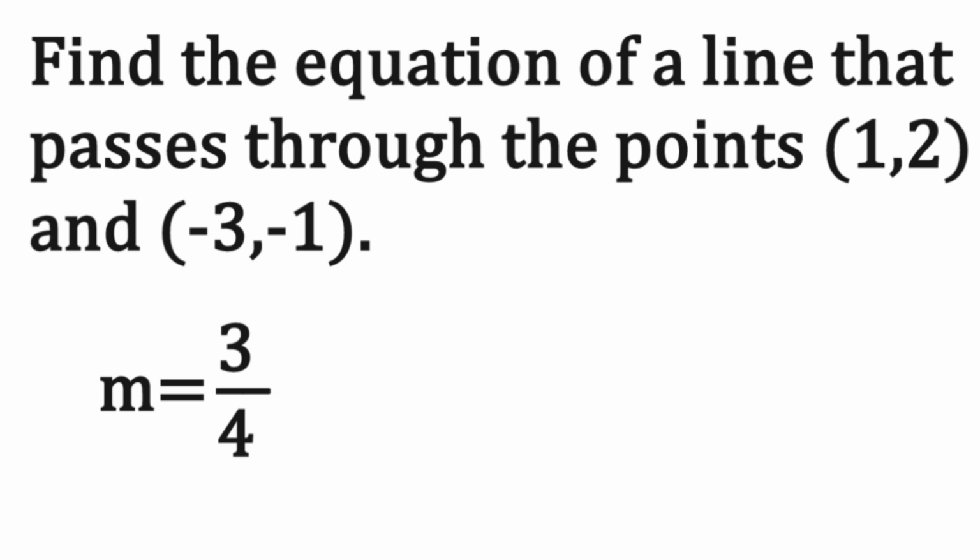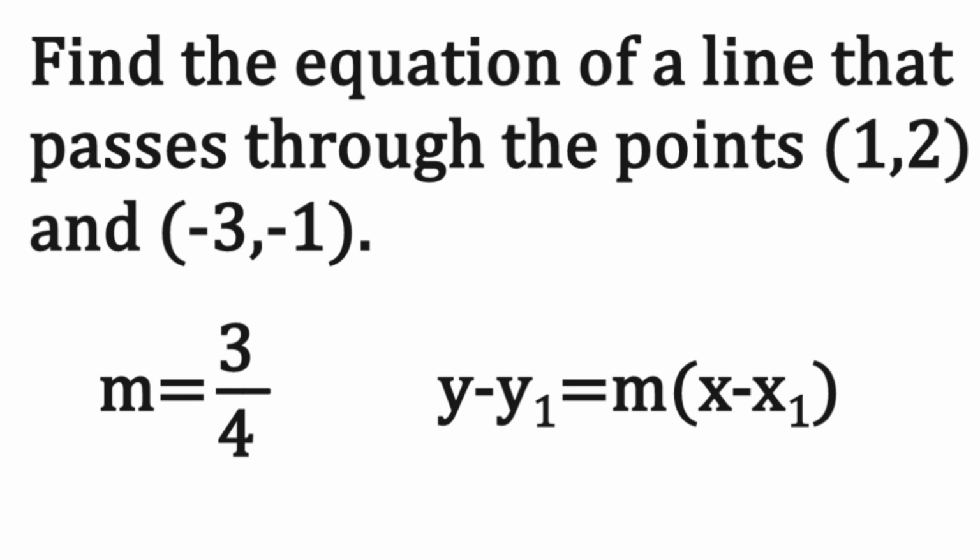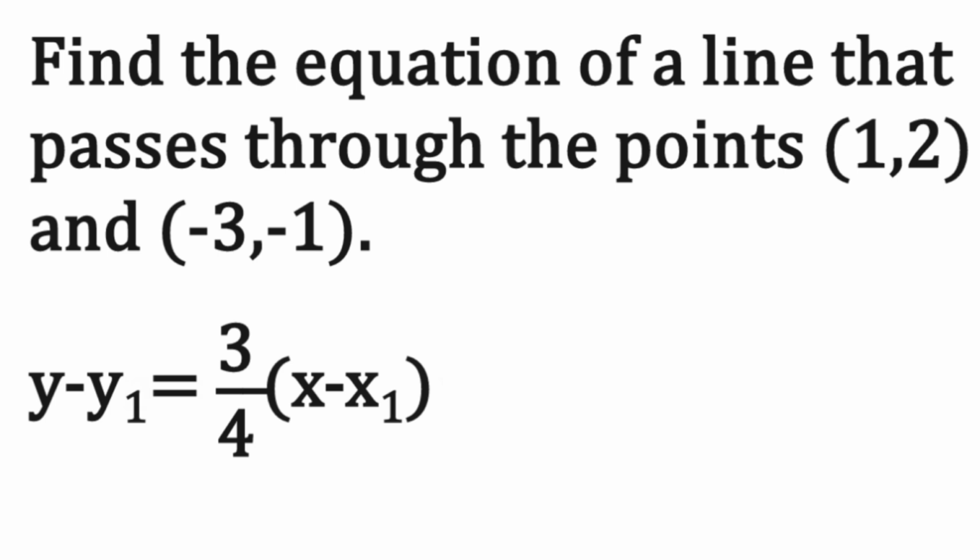From the point-slope form, we have y minus y1 equals m times quantity x minus x1, where m is the slope. So substituting, we have y minus y1 equals 3 over 4 times quantity x minus x1.